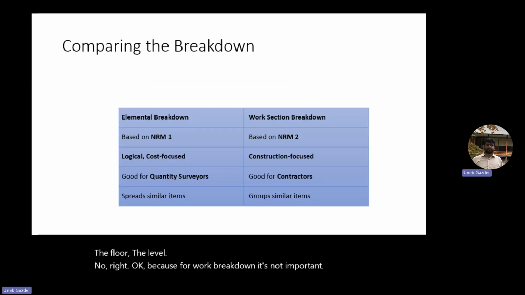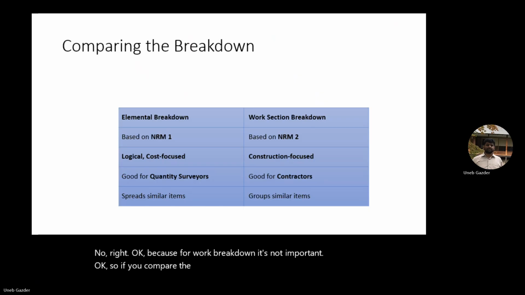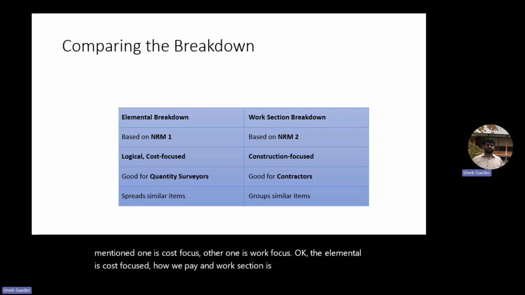If you compare the two approaches, the NRM sections are different for each one of them. One is cost focused, the other one is work focused. Elemental is cost focused, how we pay, and the work section is work focused, how the construction will be done. The first one is good for quantity surveyors, the second one is good for contractors.